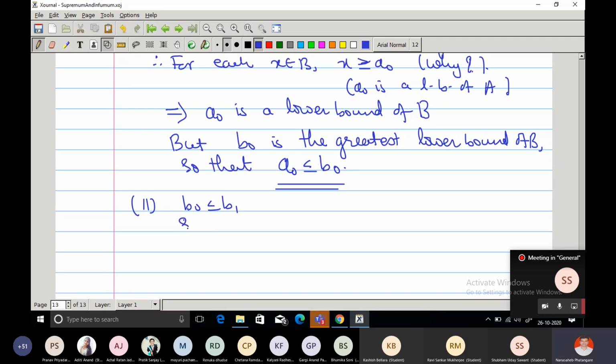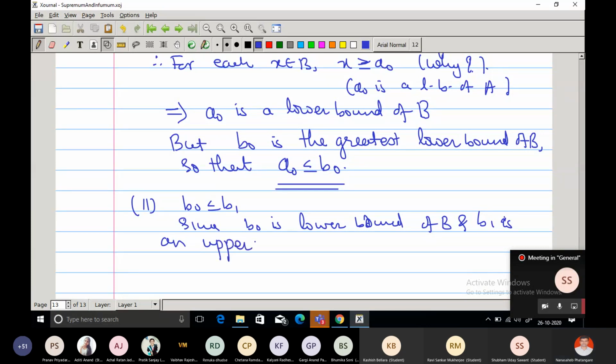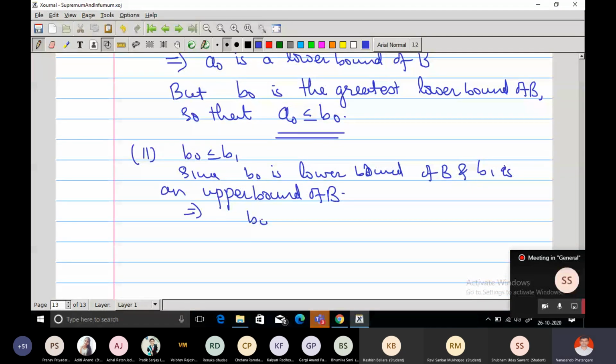Since B0 is a lower bound of B and B1 is an upper bound of B, therefore B0 ≤ x ≤ B1 for each member of B, and ultimately B0 ≤ B1. So that is immediate.